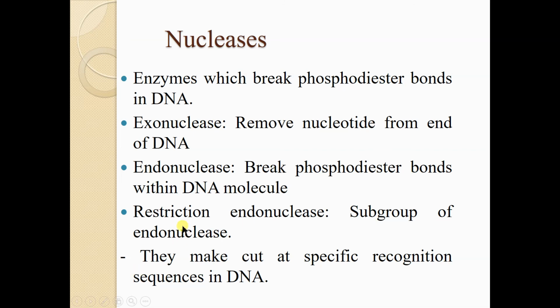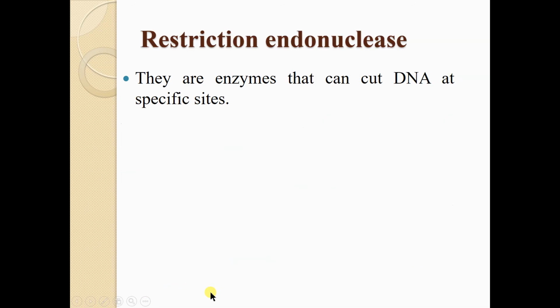But what is the property of the restriction endonuclease enzyme? They make the cut at a specific recognition sequence in the DNA. Restriction endonuclease enzymes are also known as molecular scissors, and a short note can also be asked as molecular scissors.